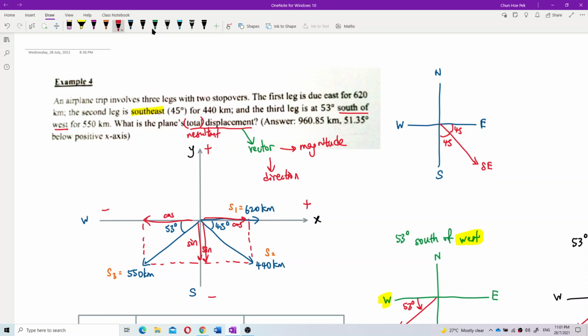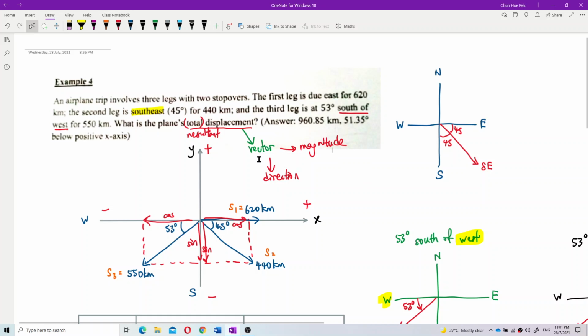The question doesn't explicitly ask to find the magnitude and direction of the total displacement. It just plainly asks what is the total displacement. We must also give the direction, although it didn't ask for direction. Why?